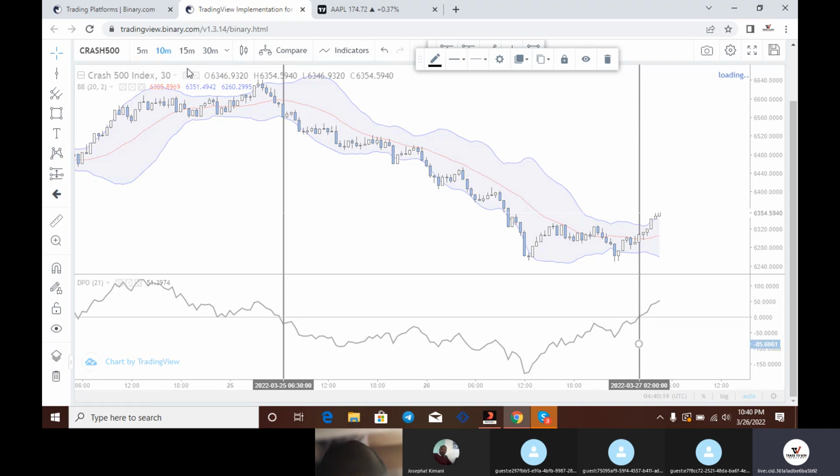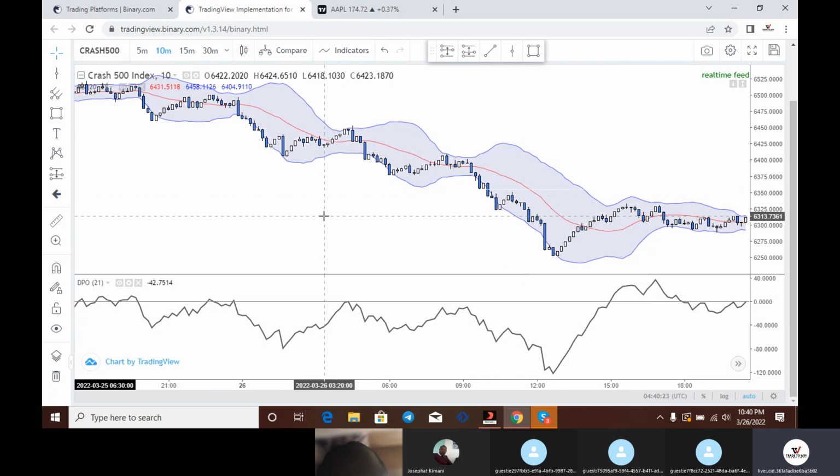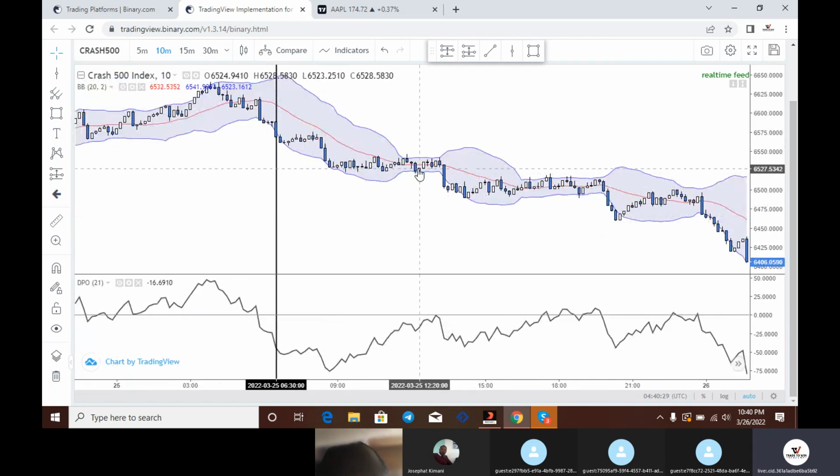All right, so sorry, I'm going to the 10 minutes. Wow. This is well low. So this is the first time price got to the top part of the Bollinger Band. Price was below. Boom, money.